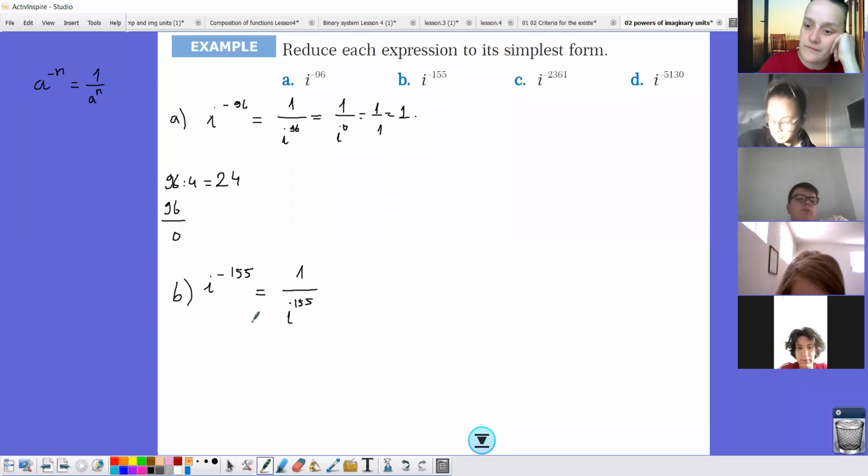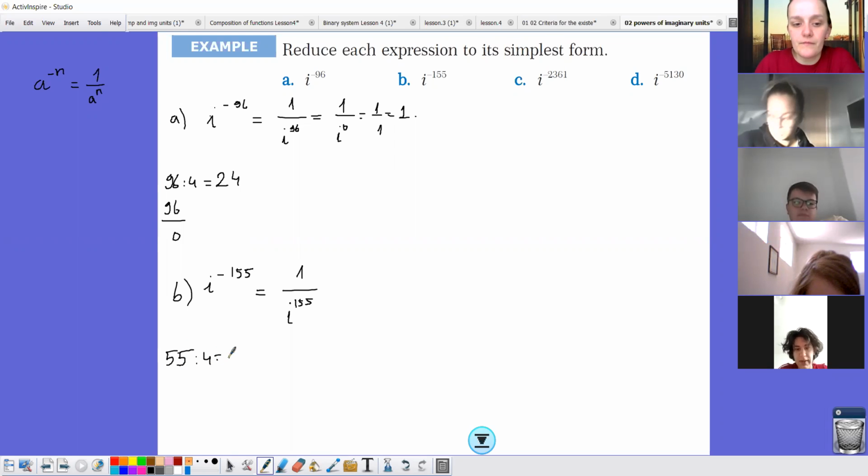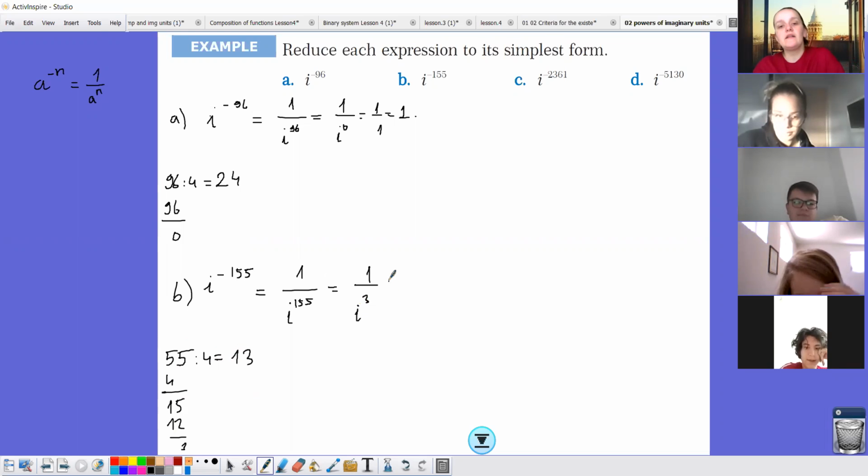You did 155 divided by 4? 38, with remainder 3. So it will be 1 over I cubed, and it is 1 over minus I.